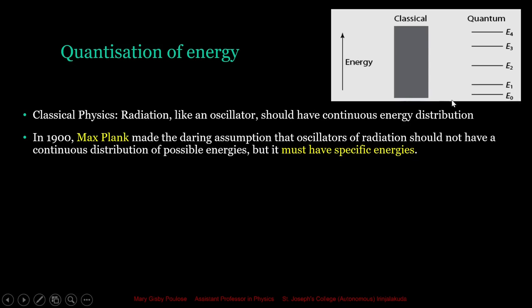That is, if an atom is in the ground state and it is excited by shining light upon it, it cannot be excited to any random energy level. It can be excited only to these particular energy levels, E1, E2, E3 and E4. There is a specific amount of energy that has to be absorbed so that it can be excited to the upper level.